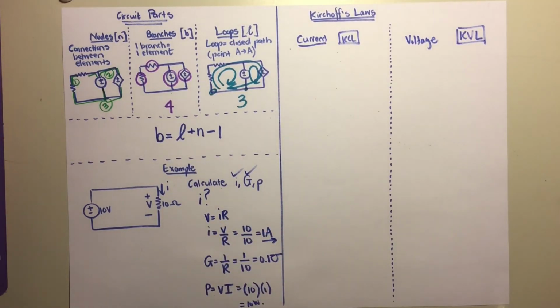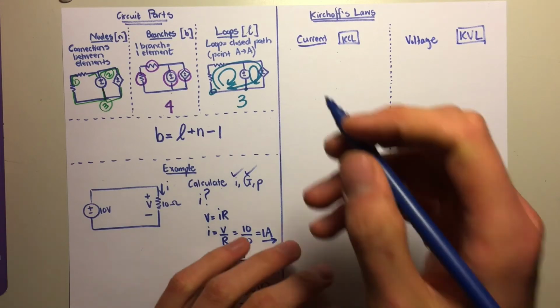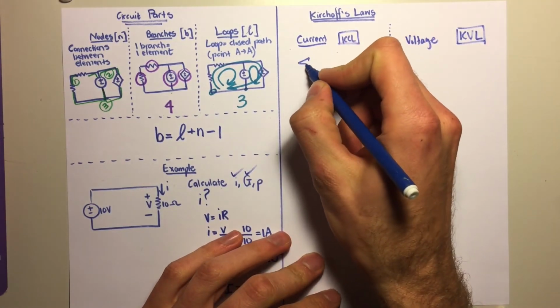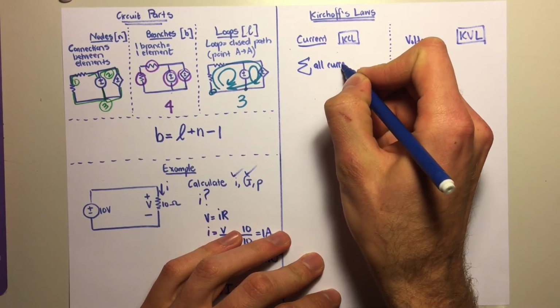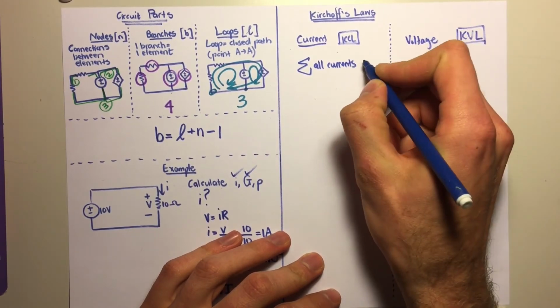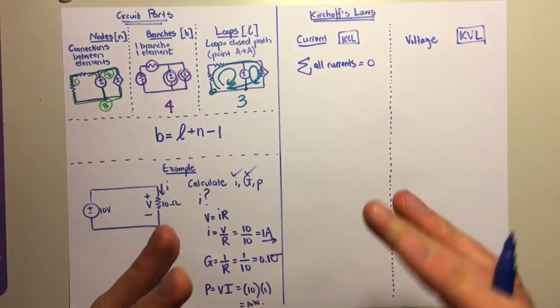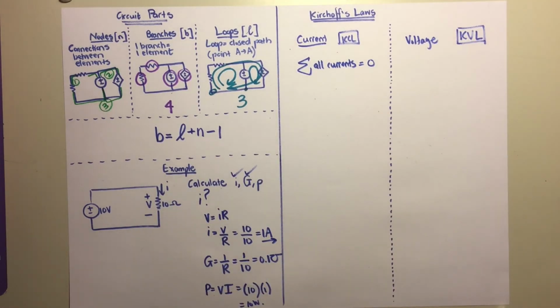Okay, so what are these? The current law states that the sum of all the currents into or out of any specific node is equal to 0. So whatever comes into a node must go out of that node.